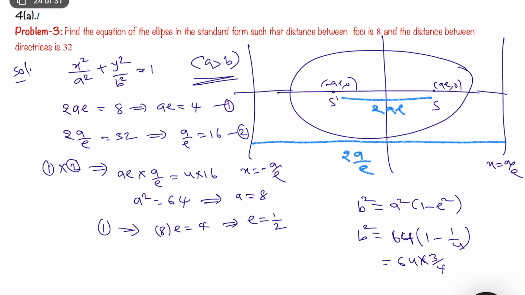So it's going to be 16 times 3, that is 48. Therefore, our equation is going to be x square by 64 plus y square by 48 equal to 1.